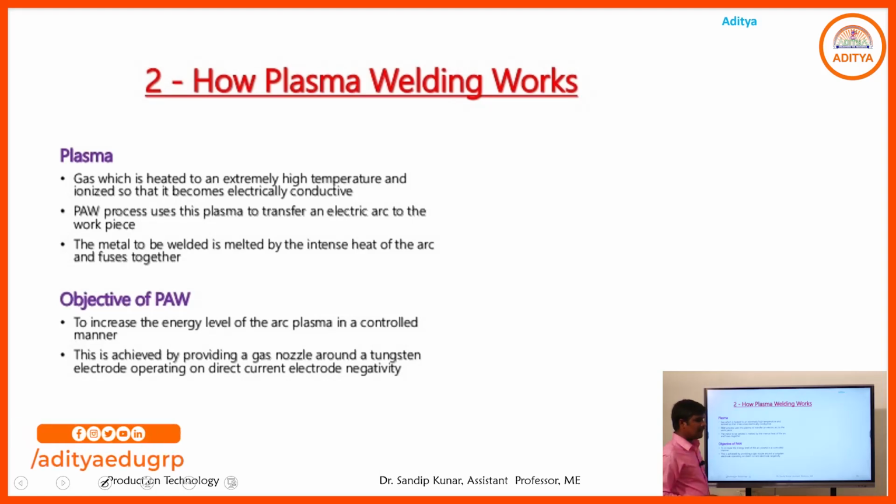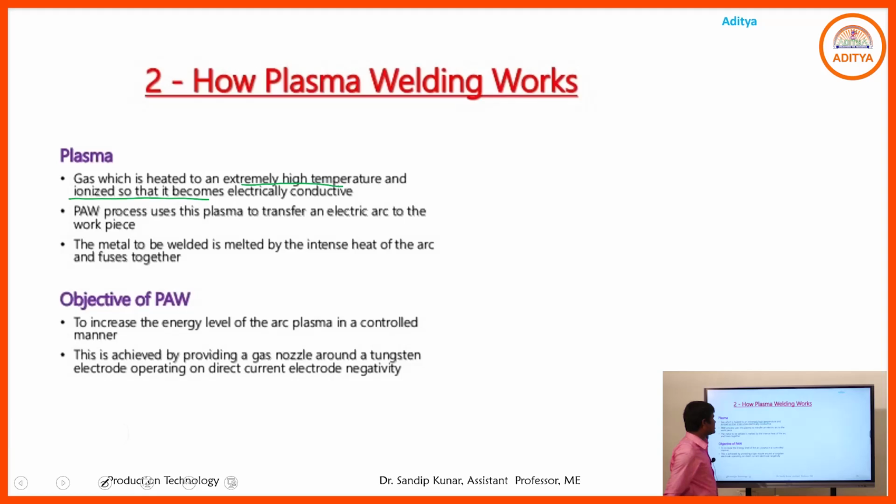What is plasma? Plasma is a gas heated to an extremely high temperature and ionized so that it becomes electrically conductive. The plasma gases are sent through the electrode, heated extremely by the power supply, and converted into an ionized plasma column. That is commonly considered the plasma arc.